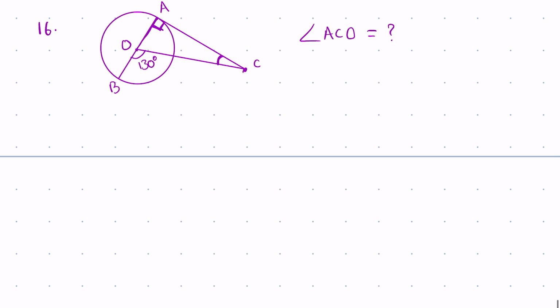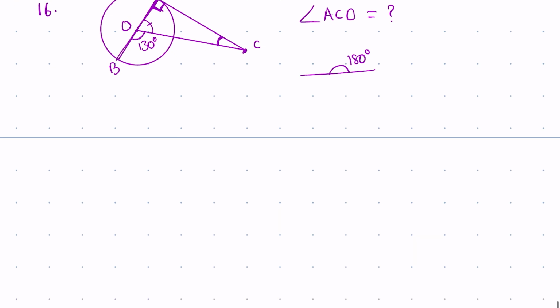If you look at this line and this angle, that's 130, and on a straight line, the entire angle is 180 degrees. So in this triangle, if you look at this angle, that is our angle AOC. That's equal to how much? That's nothing but 180 degrees minus 130 degrees, which is equal to 50 degrees. Why? Because of this reason.